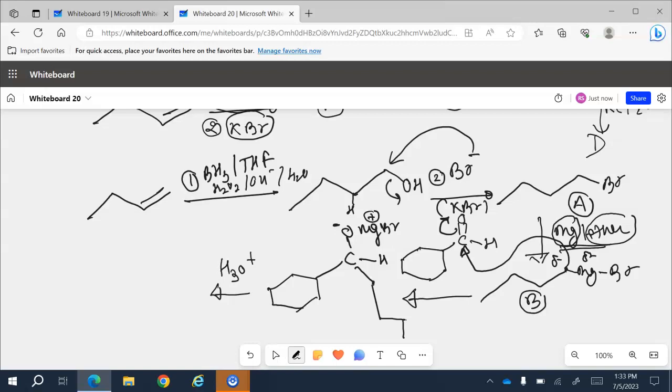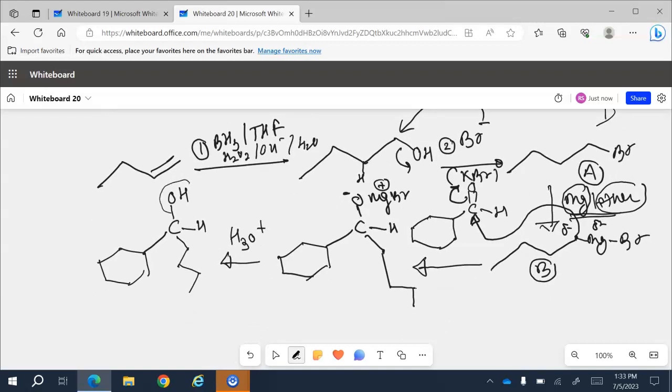That means this O minus will convert into OH group. So that is where you have your C-OH, and this is H as it is, and you have the other group as 1, 2, 3, 4. The other group is as it is.